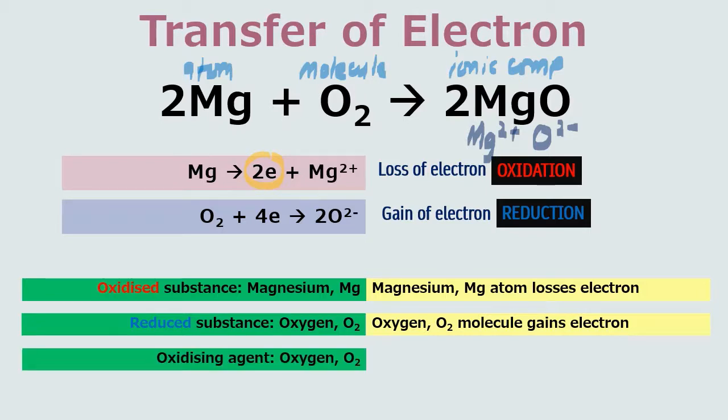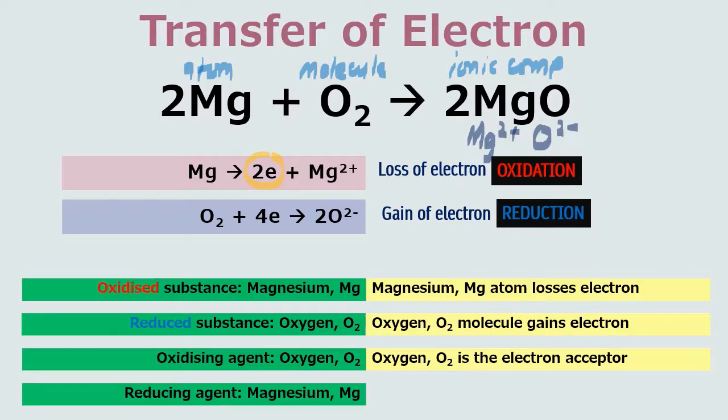Oxygen molecule is an oxidizing agent because oxygen is the electron acceptor, while magnesium atom is a reducing agent because magnesium is an electron donor. Or we also can say that magnesium atom helps oxygen to undergo reduction. That's why magnesium is a reducing agent.